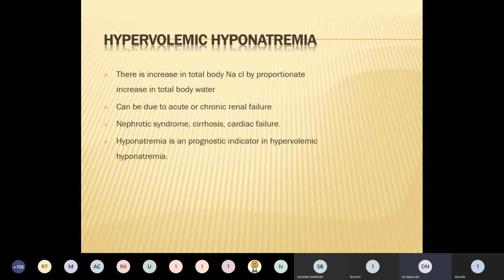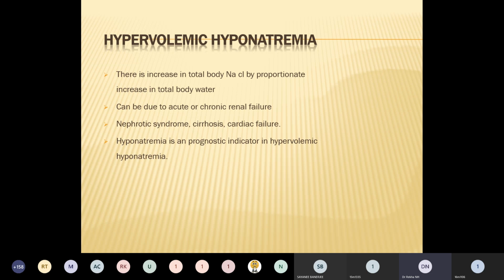Hypervolemic hyponatremia: there is an increase in total body sodium with a disproportionate increase in total body water. It can be due to acute or chronic renal failure. Most of the time we come across hypervolemic hyponatremia in nephrotic syndrome, cirrhosis and congestive cardiac failure, all in a fluid overload status.